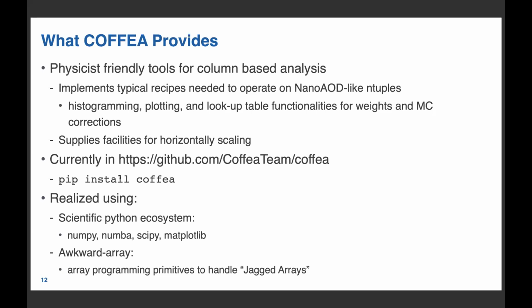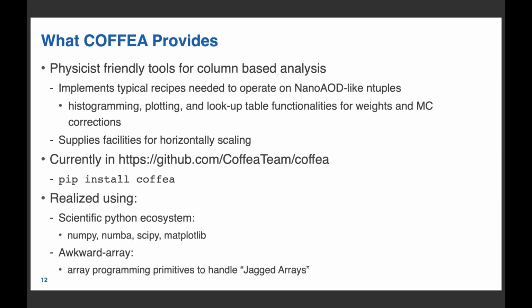So here, essentially what I'm saying is that Coffea allows you to run your analysis on scale-out systems like Dask, Spark, Parsl, and of course HTCondor, taking advantage of the parallelization offered by the scale-out system in order to speed up the analysis turnaround time.